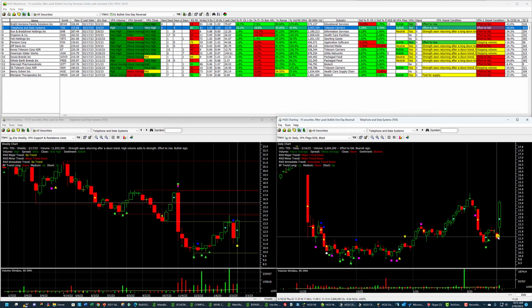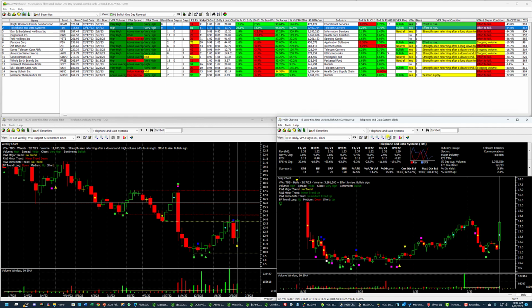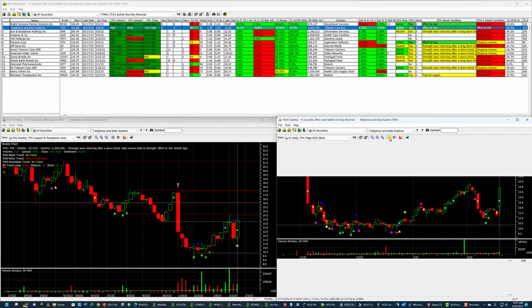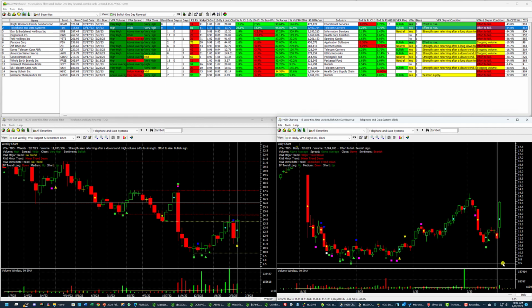But notice these are one-day reversals. Here's a red candle. Here is a strong bullish candle. Telephone and Data Systems. Looks like they're losing plenty of money, but news came in.